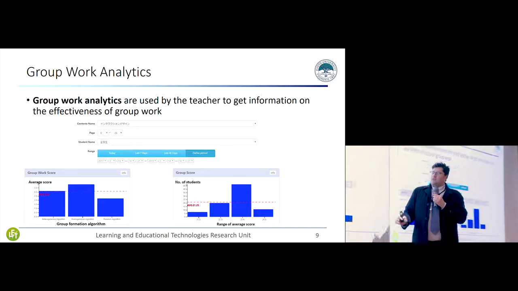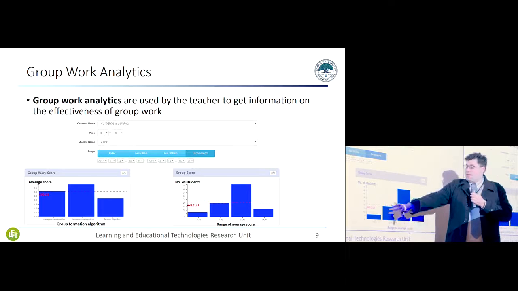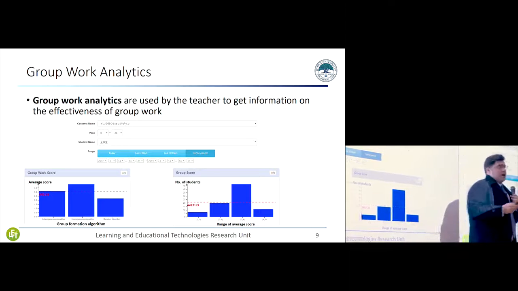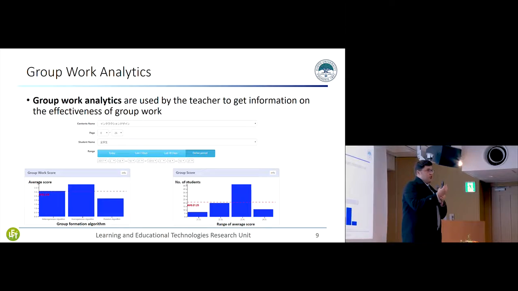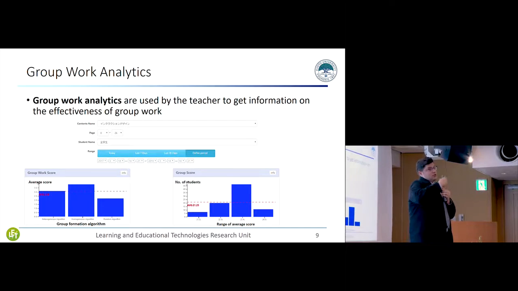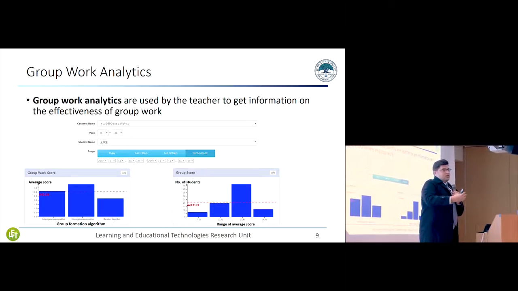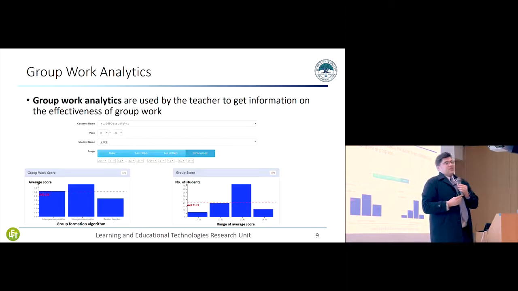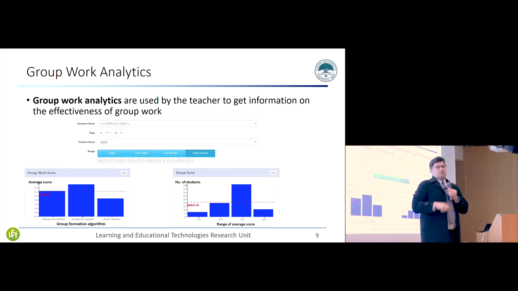But the teacher can also see what the group scores are, so they can examine how the groups were graded throughout the time. So this is the first part of our work, supporting teachers, giving teachers the tools so they can scaffold or structure the group work, and they can have good interaction that will later result in good collaboration.